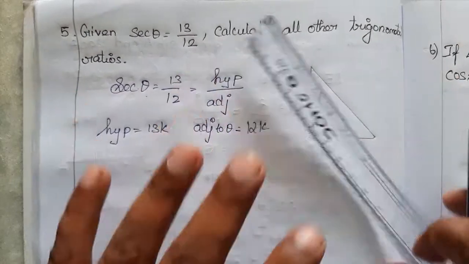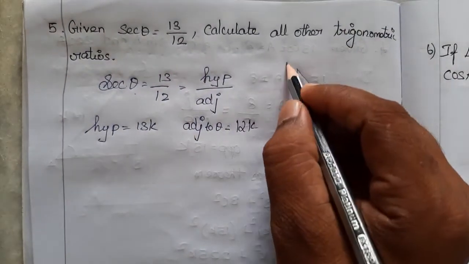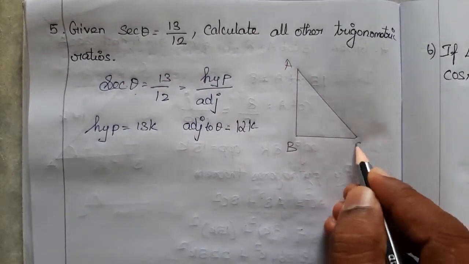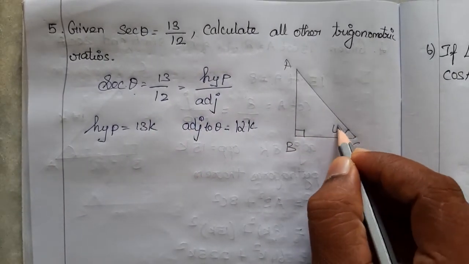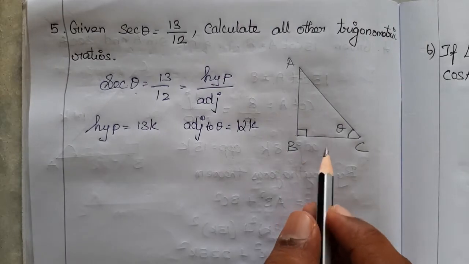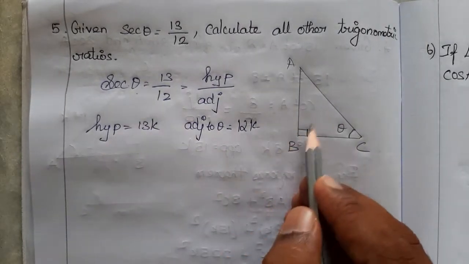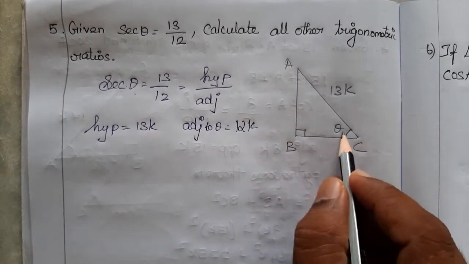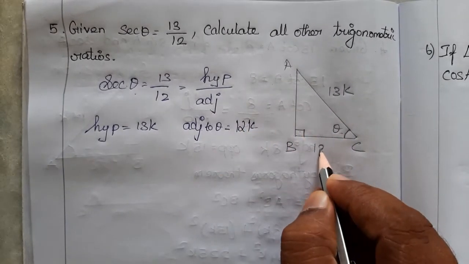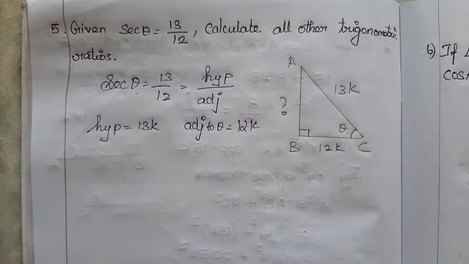Here we can give whatever names A, B, C. This will be 90. Let me choose this acute angle as theta. Even you can choose this, not a problem. And we can say the hypotenuse is 13k. So this will be 13k, and adjacent to theta is 12k, and we have to find this.